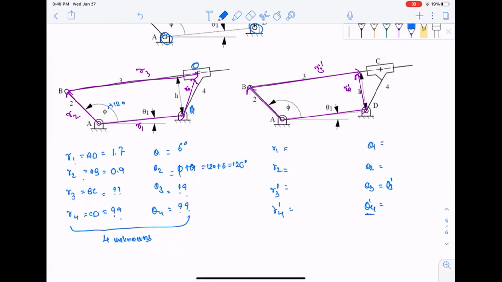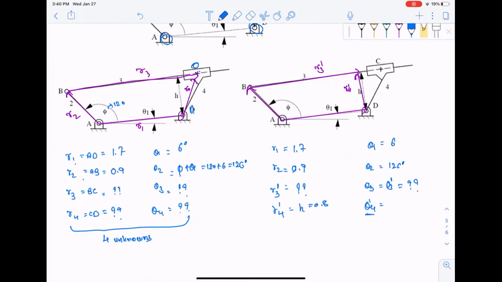The value of R1 is still the same, 1.7, R2 is still the same, 0.9, and R3 dash is unknown. R4 dash is known this time, and that will be 4.8. The value of theta 1 is 6, theta 2 is 126 degrees, that I can say from the left hand side, and theta 3 is still unknown.